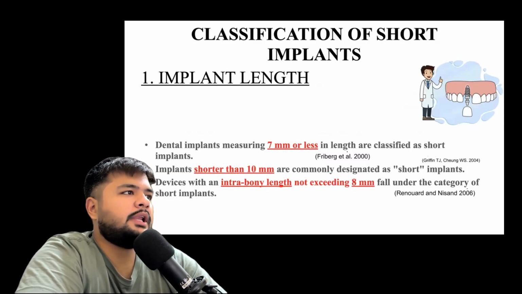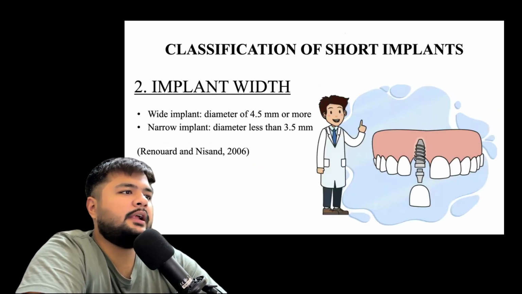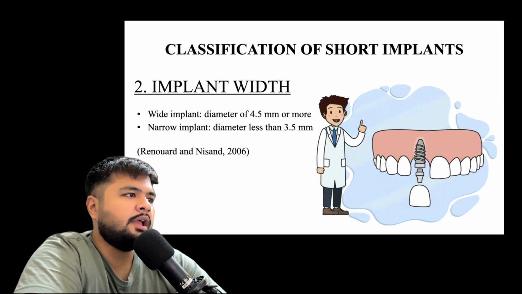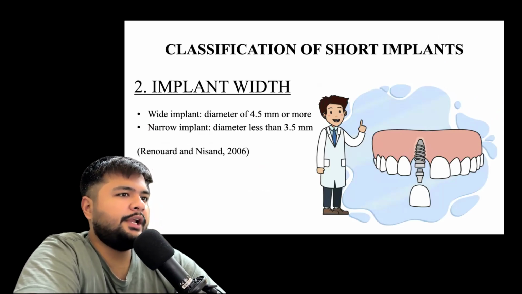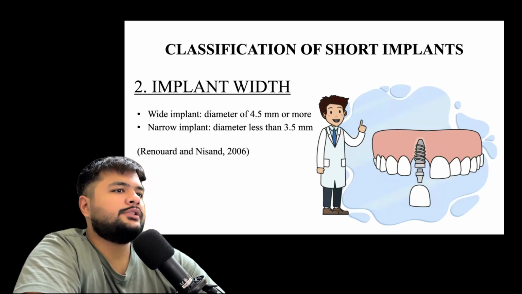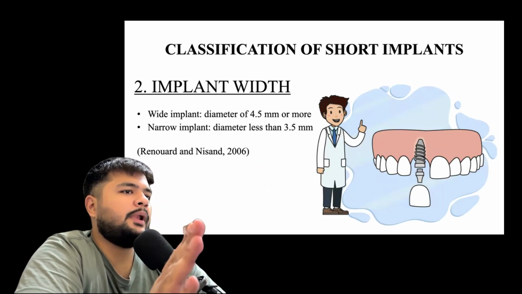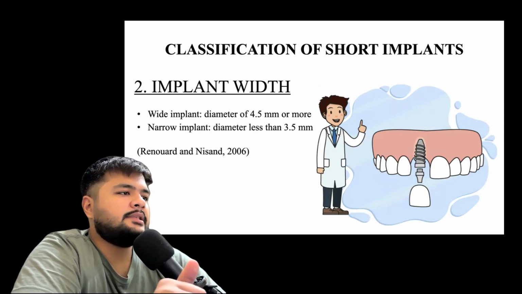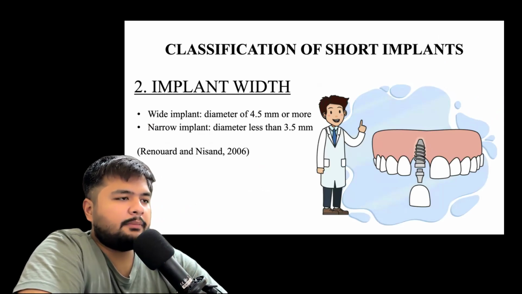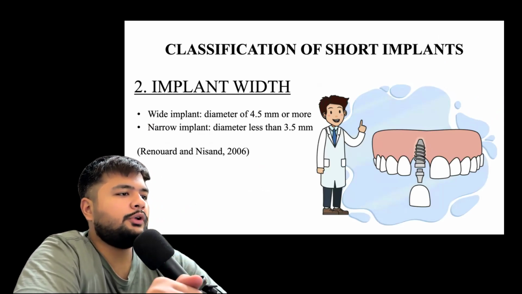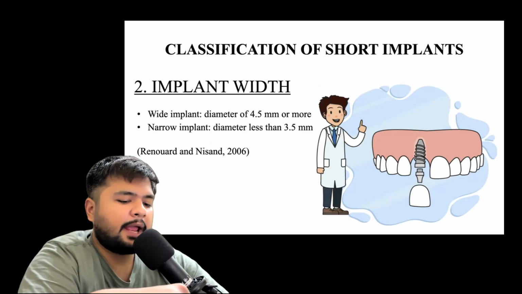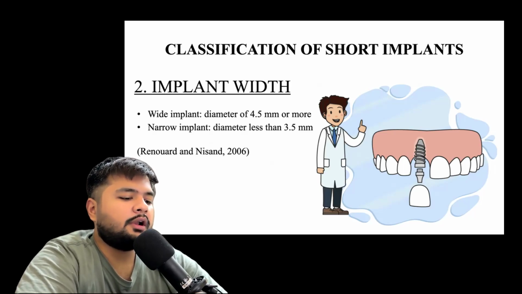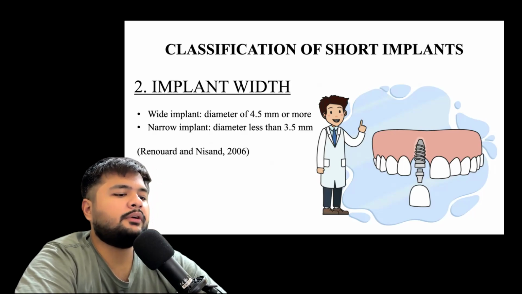Then, coming to the classification of the implants on the basis of width. Usually these short implants need to be wide so as to compensate for bone to implant contact, as the longer implants provide more bone to implant contact to overcome any kind of disadvantage or contraindications. There should be a higher bone to implant contact.